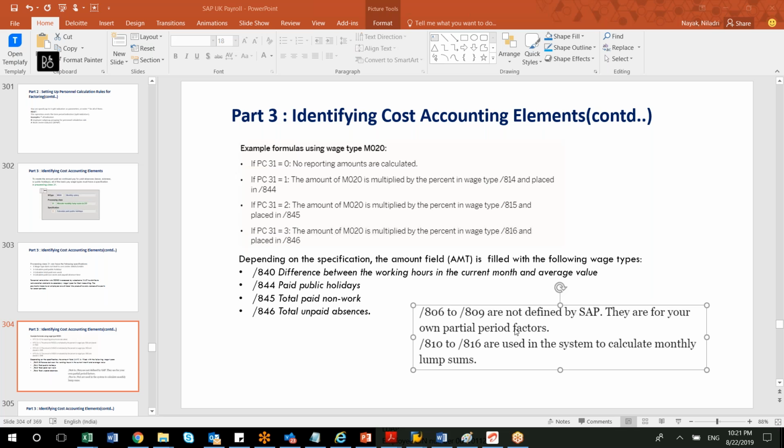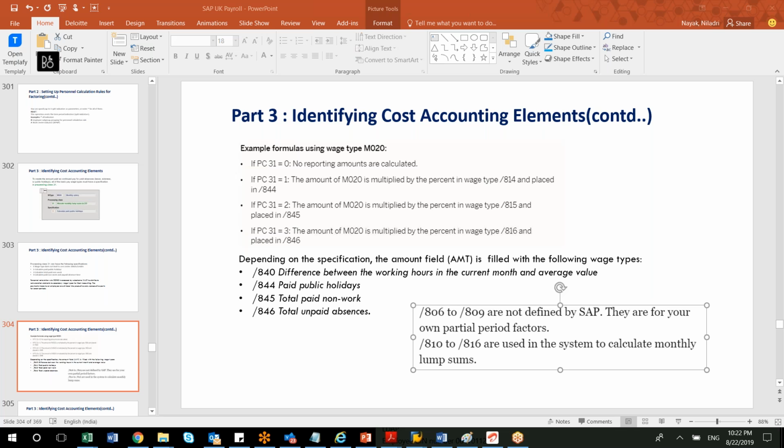But from my experience, I have not seen that kind of scenario. Mostly, whatever factoring calculation SAP has given meets the criteria of 90% of organizations, so whatever SAP has given from /801 to /805.